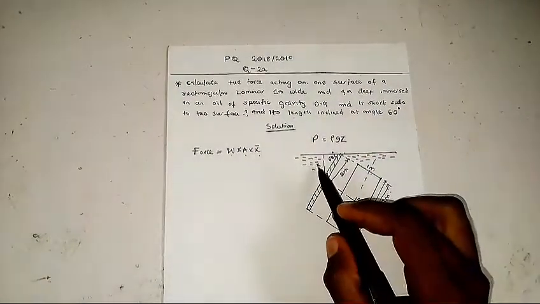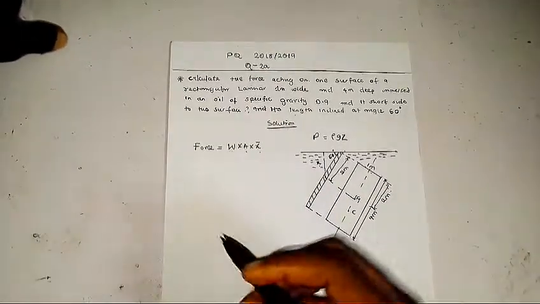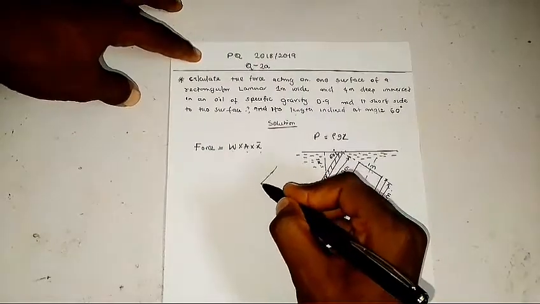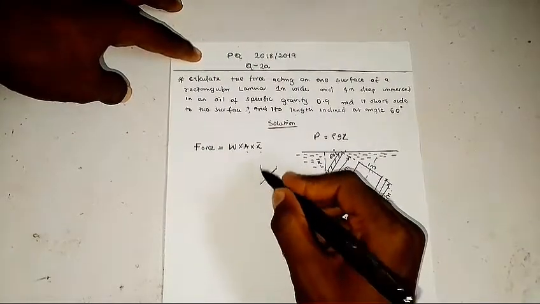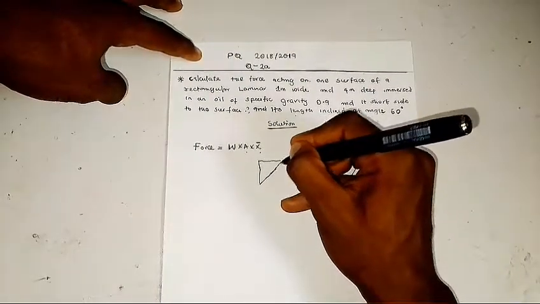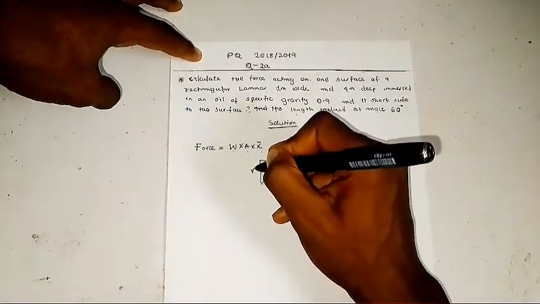So now, to get my depth, I can make use of my trigonometric function. If I draw it out, I have something like this. Then this is angle 60 degrees, and this is my 2 meters, and this is my depth.